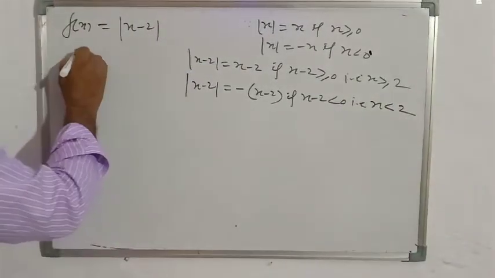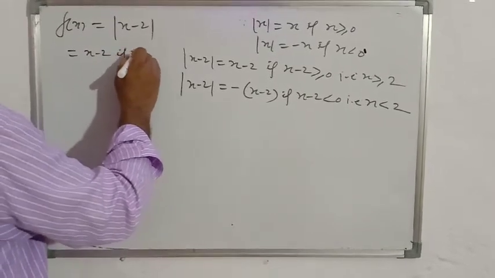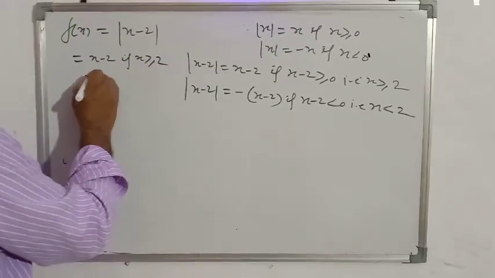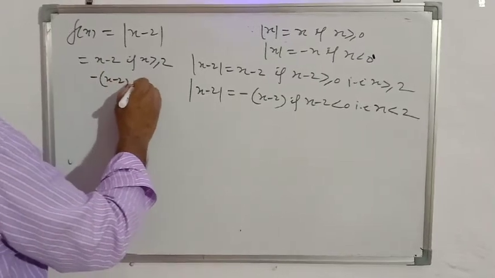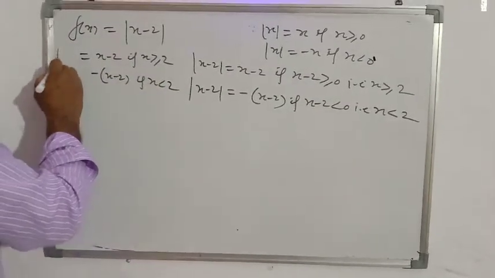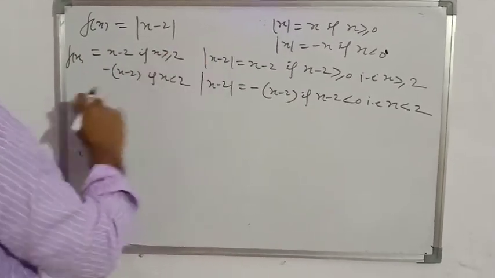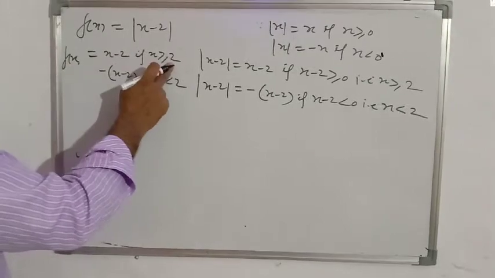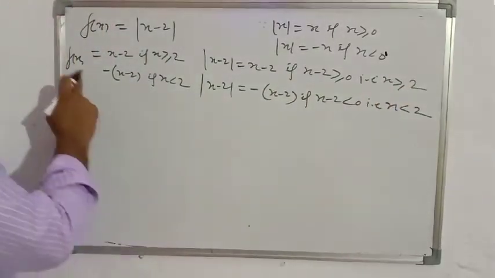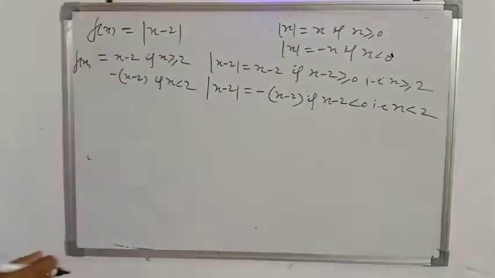So we can write f(x) = x - 2 if x is greater than or equal to 2, and f(x) = -(x - 2) if x is less than 2. So the function is defined like this.